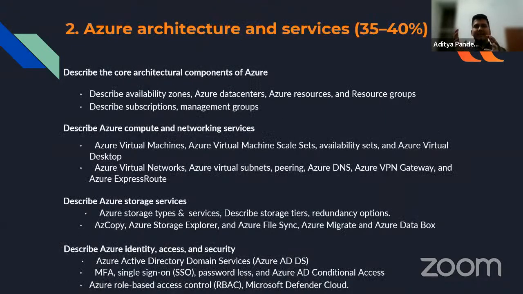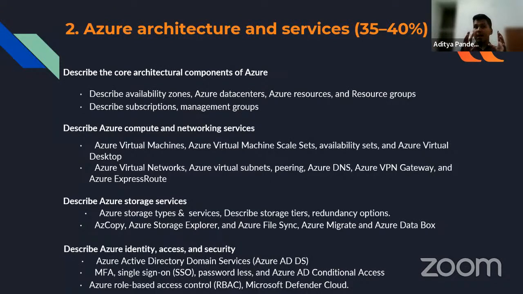Okay, the second topic which AZ-900 covers is Azure architecture and services. In this topic, you will be learning about the different core architectural components of Azure. See, architectural component means the complete architecture on which any cloud platform works, right?